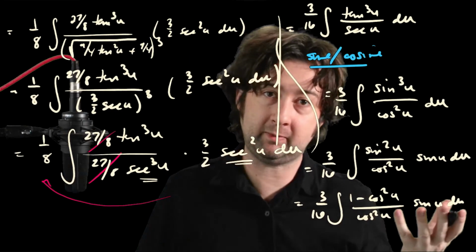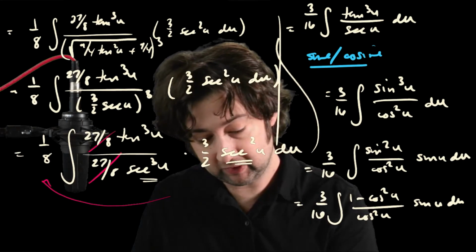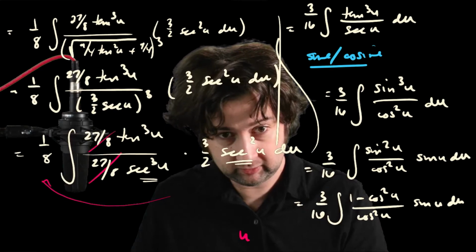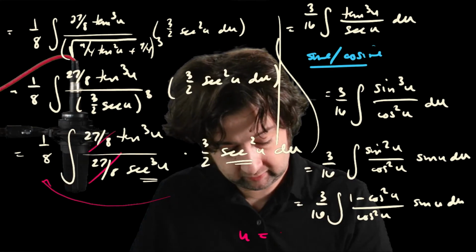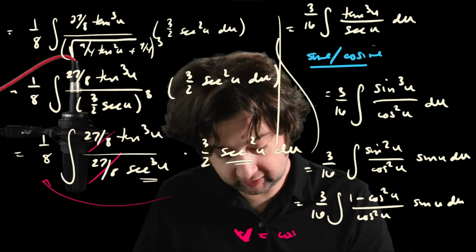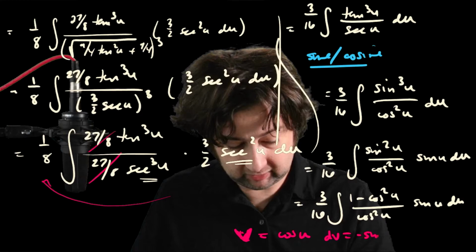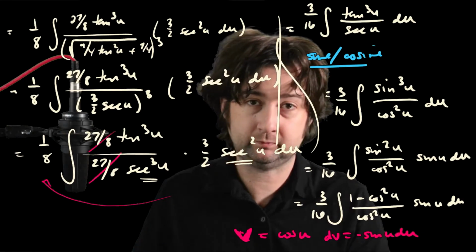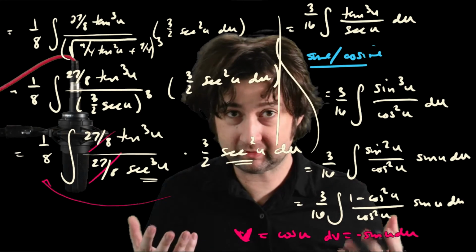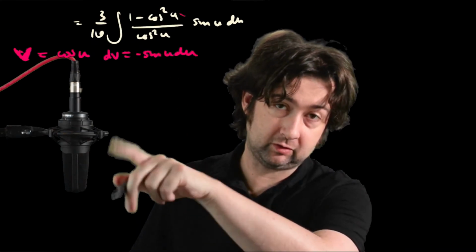And now I'm solidly back in the material of section 7.2, because I can finish this problem by letting u be equal to the cosine of, I'm sorry, we shouldn't use u, we should use a new letter, v equal to the cosine of u, so that dv is equal to minus the sine of u du. And yes, these problems tend to be kind of long. So with that substitution here, with this v substitution, what do I get?